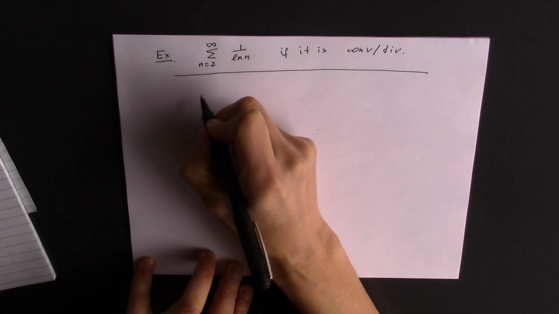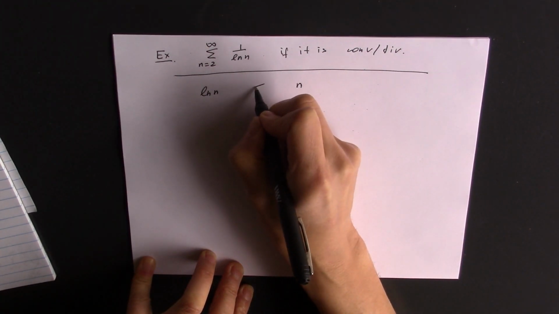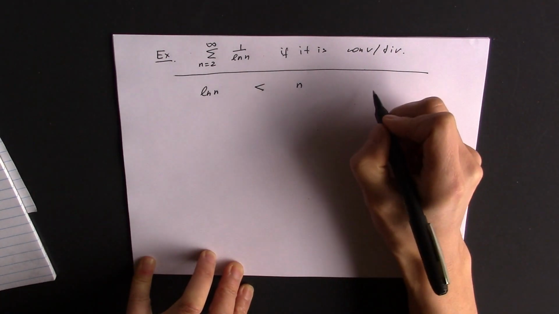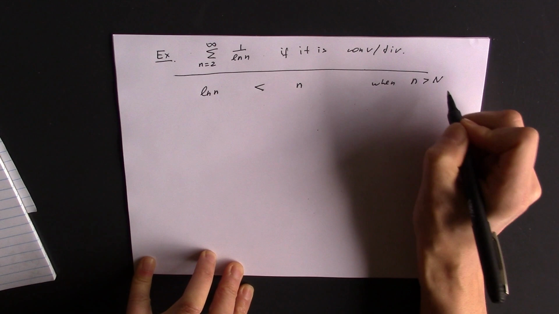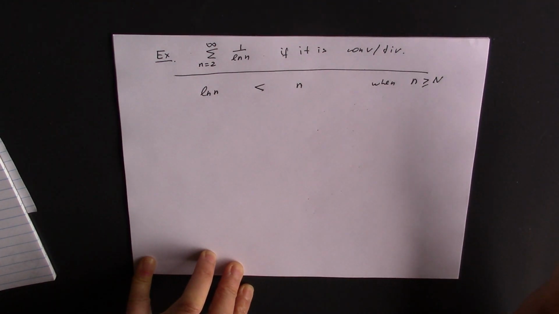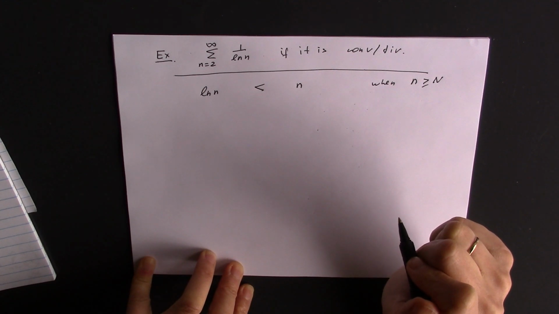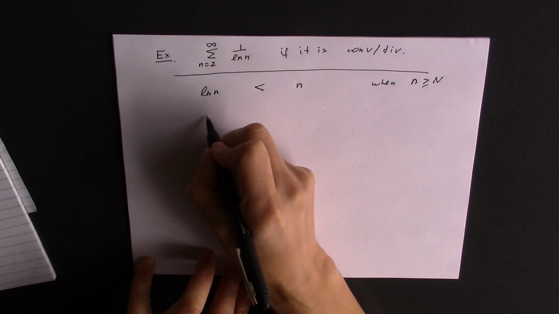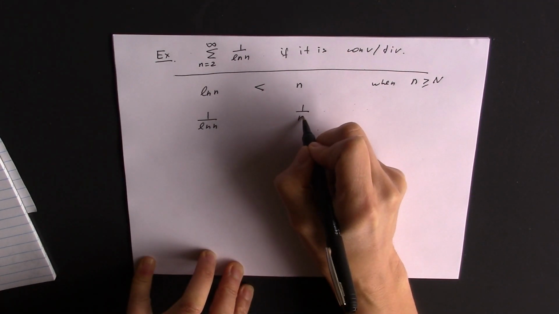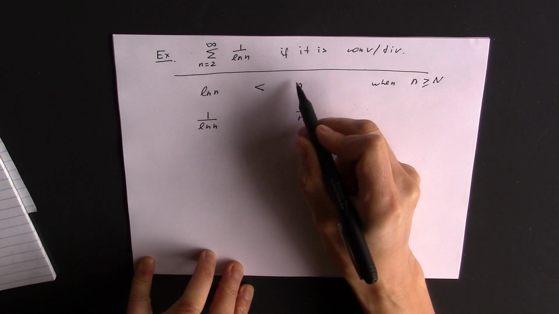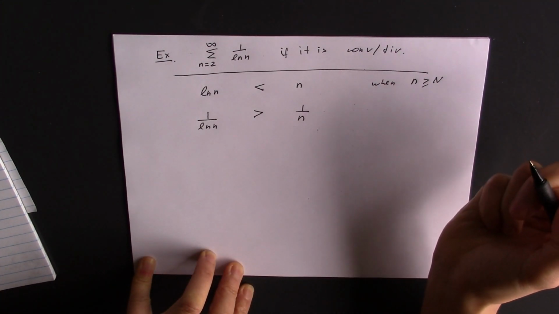What we do is recall that natural log of n is going to be smaller than n when n is bigger than or equal to some capital N. Now if I divide by a bigger number, I'm going to get a smaller fraction, so I'm going to get it this way.